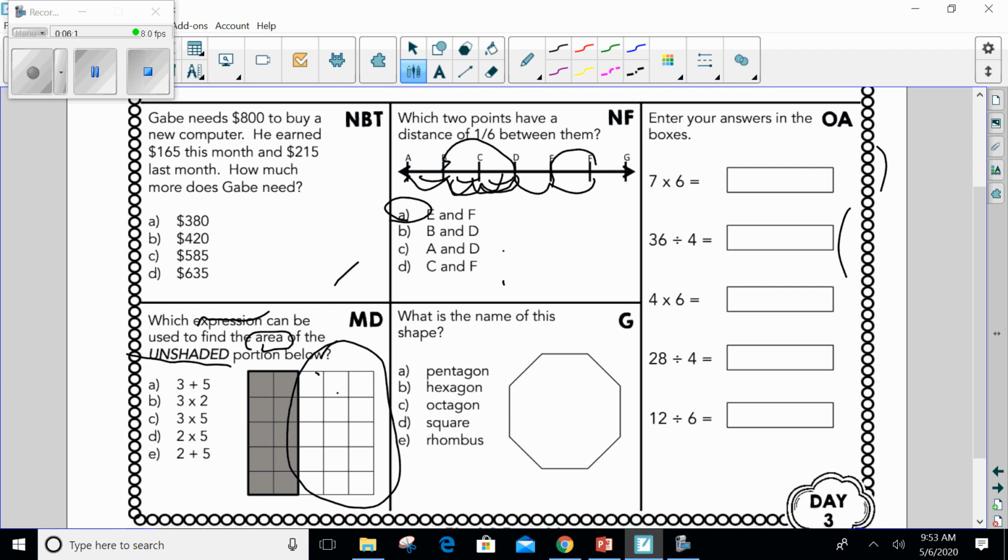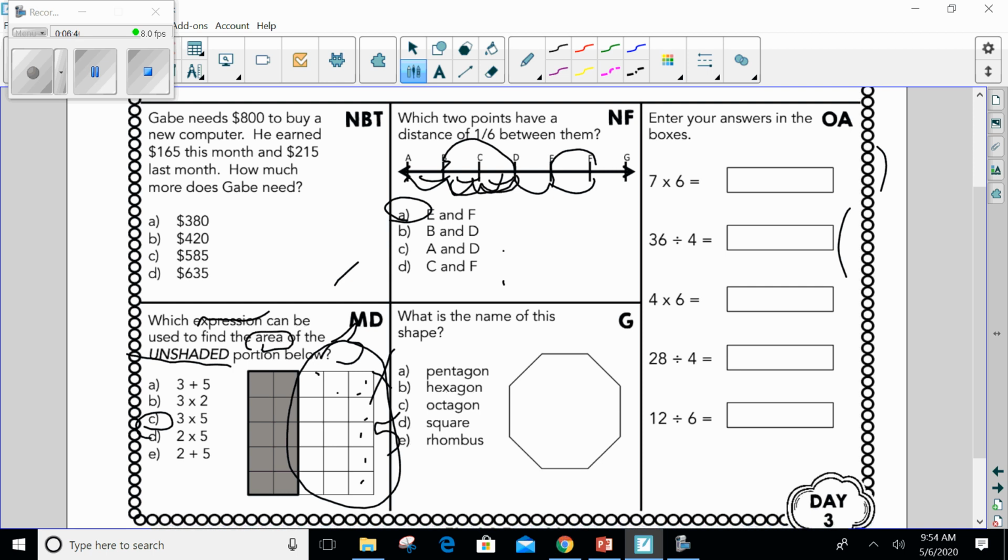Well, 3 times 5, which is C. It is 15. That's the expression. It didn't want you to find the answer. It just wanted you to find the expression so you could find the answer. Okay, move on to the next one.